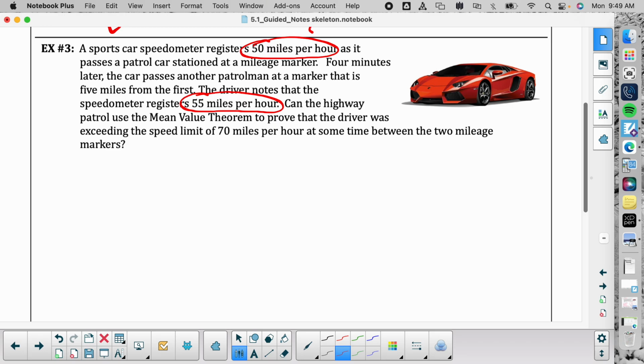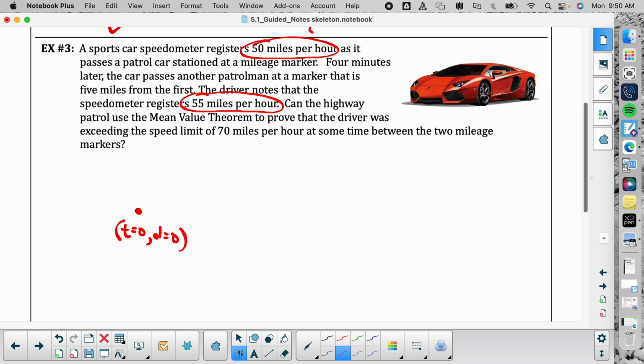So I'm going to set this up as, like, say, the first marker was time 0, mileage 0. So, like, we'll do a distance and time, like a position function. We don't need to know the function at all, but we'll do it with position and time because then the slope is velocity or speed, right?